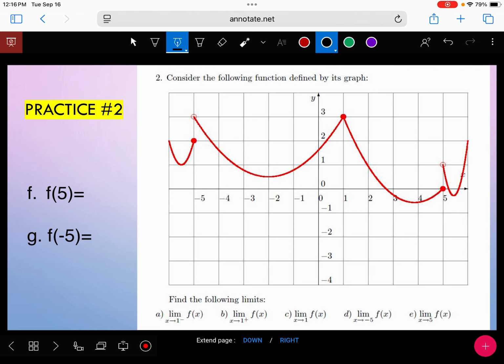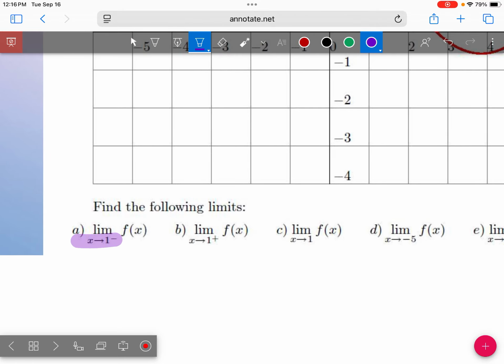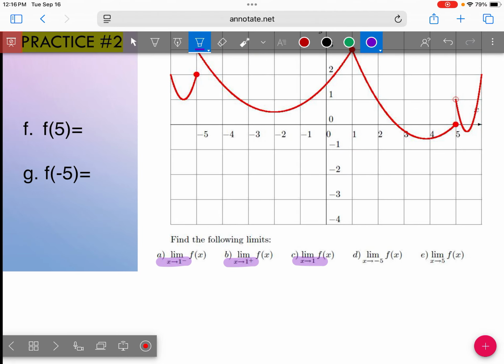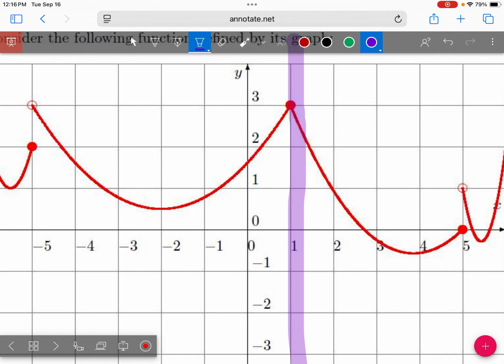All right, so now we're going to look at -5. Actually, let me go down. It's actually having us look at +1. +1 is right here. Ooh, that's interesting. What's happening at +1? What did you say, Luke?